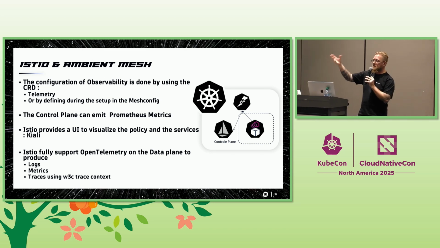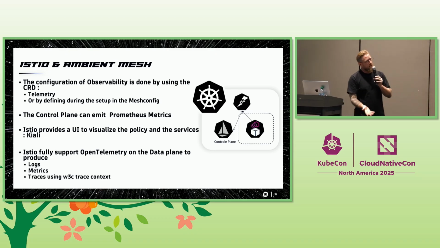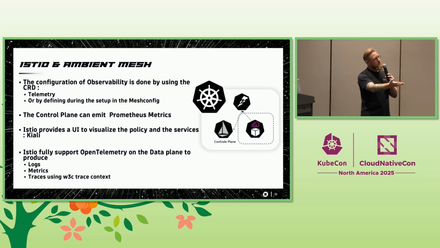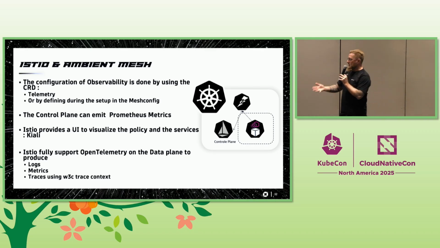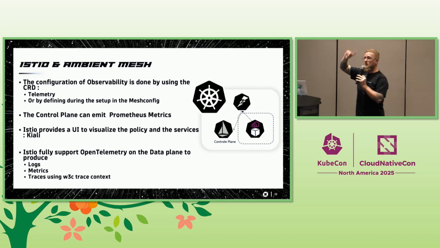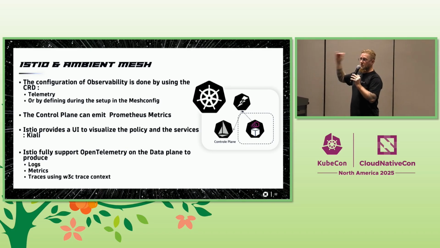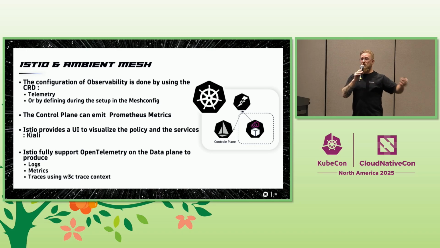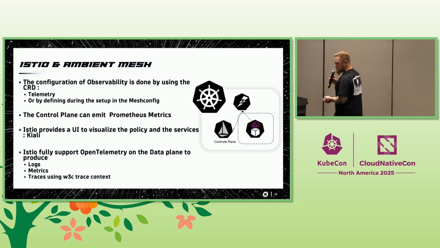So Telemetry objects can customize the way you produce the metrics. Similar to the other solutions, it supports OpenTelemetry for most of the proxy side, but on the control plane, it's still going to be Prometheus metrics. And also one thing on ambient: if you want to have traces, of course, that's on layer 7, so you need a waypoint proxy to be able to get traces.